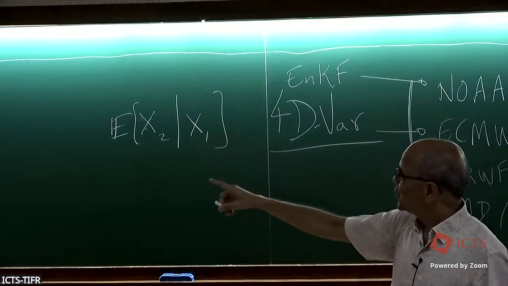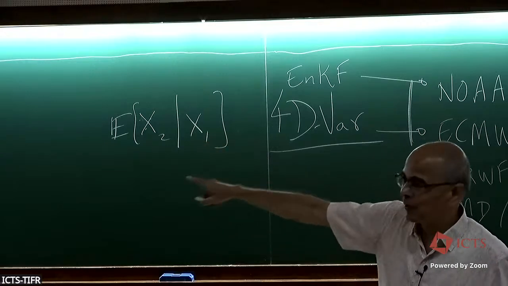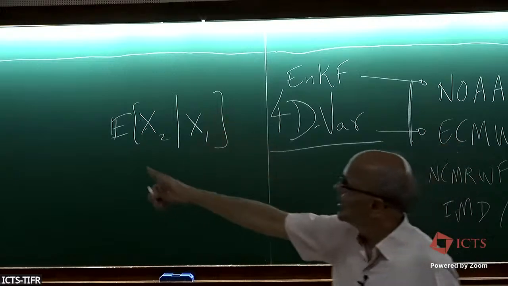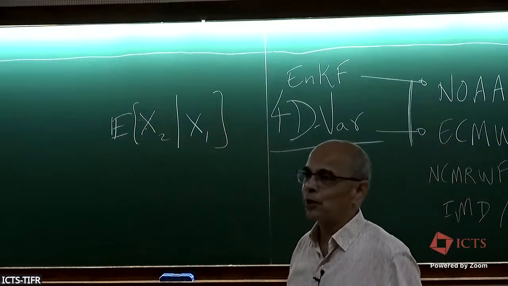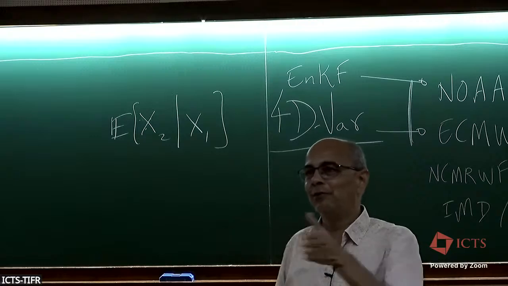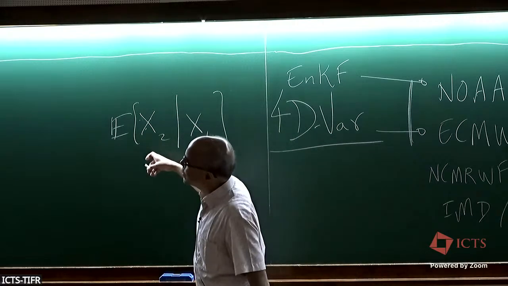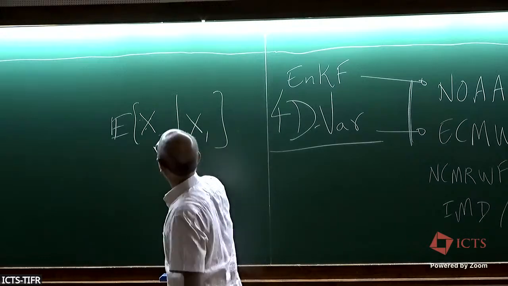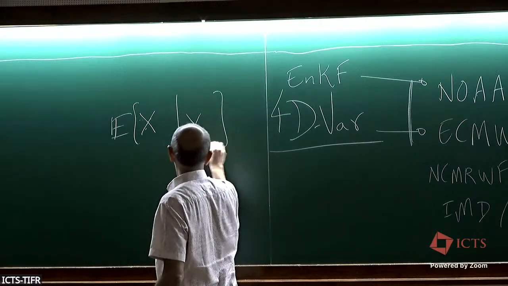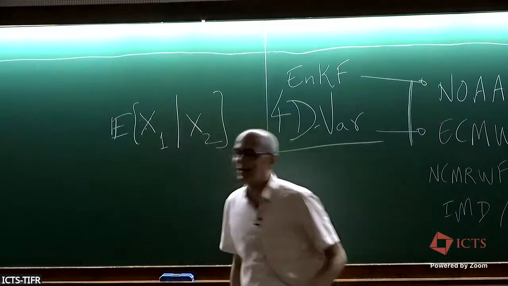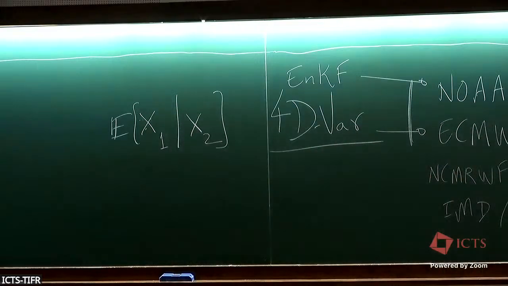As I change x2, which is the slider over here, the mean, which is the center of the dotted distribution, will keep shifting. I'm observing x2 and looking at the distribution of x1 given x2.